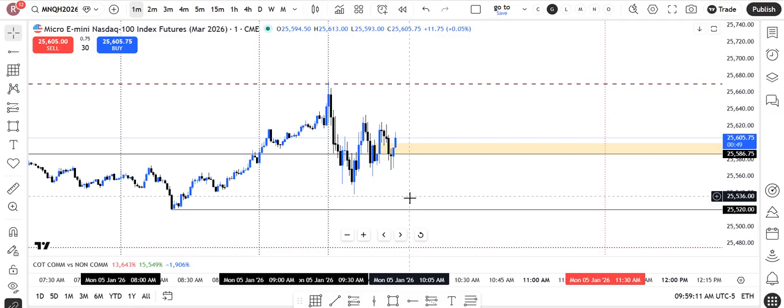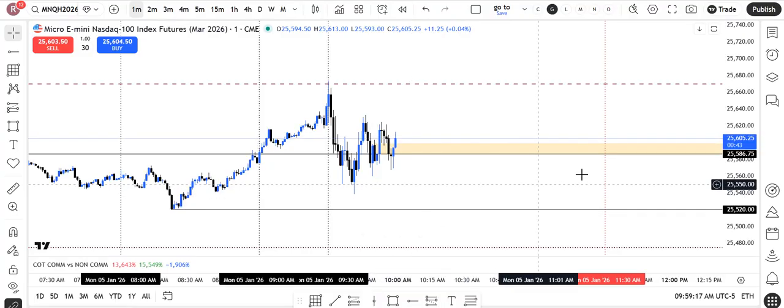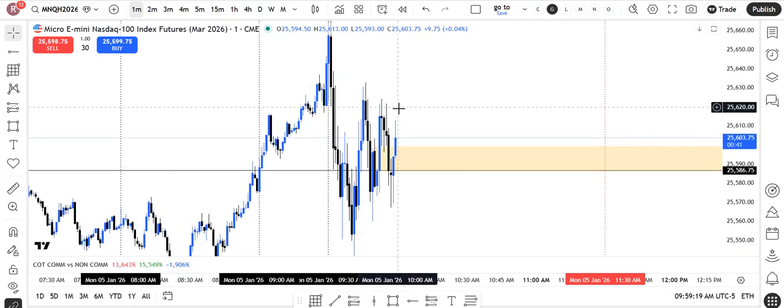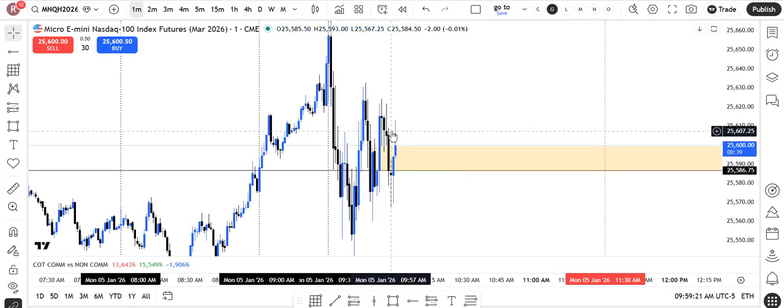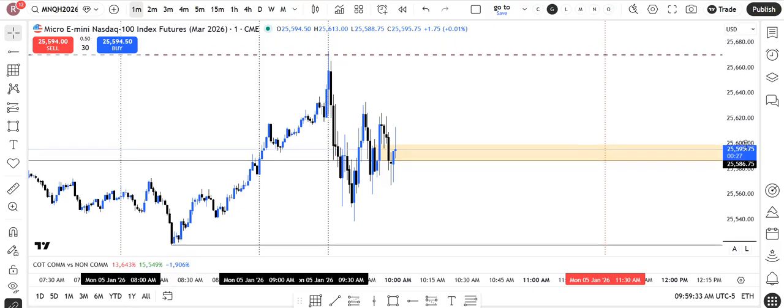All right, it's back above the first presented fair value gap. It's inside this volume imbalance, if you can see that. If you all caught that on the chart. I'll zoom in a little bit. Yep, it's good.